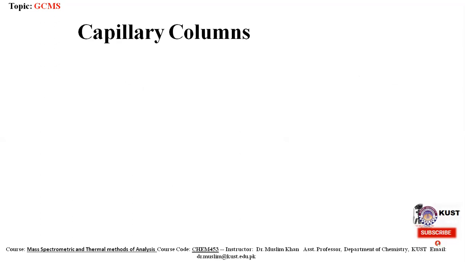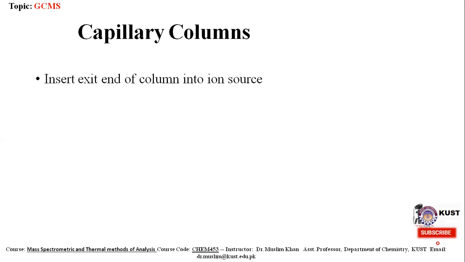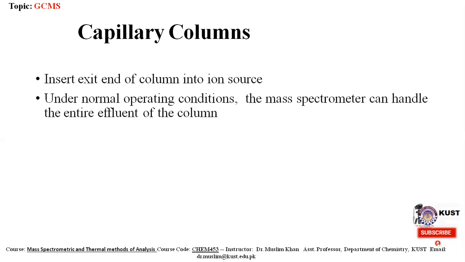So two types of columns are used: capillary columns, and macrobore and packed columns. For a capillary column, insert the exit end of the column into the ion source, the interface. Under normal operating conditions, the mass spectrometer can handle the entire effluent of the column very well.